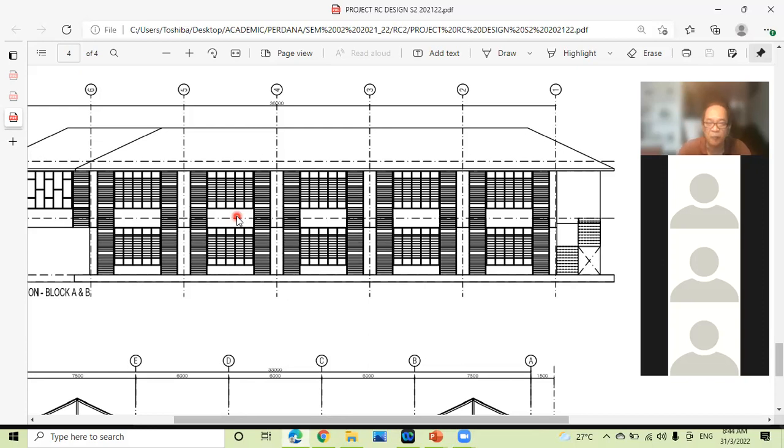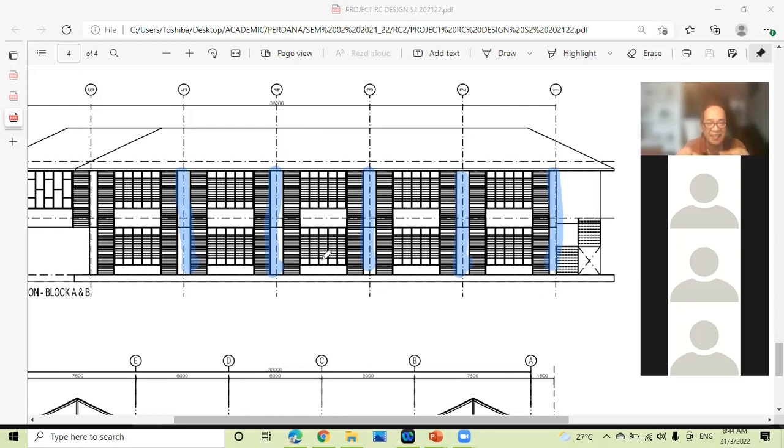And that is the reason why we see in this side elevation, clearly we can see that these are the columns that will form the architectural finishes, part of the architectural features for the building. So that is the reason why the architect is controlling the location of the columns.